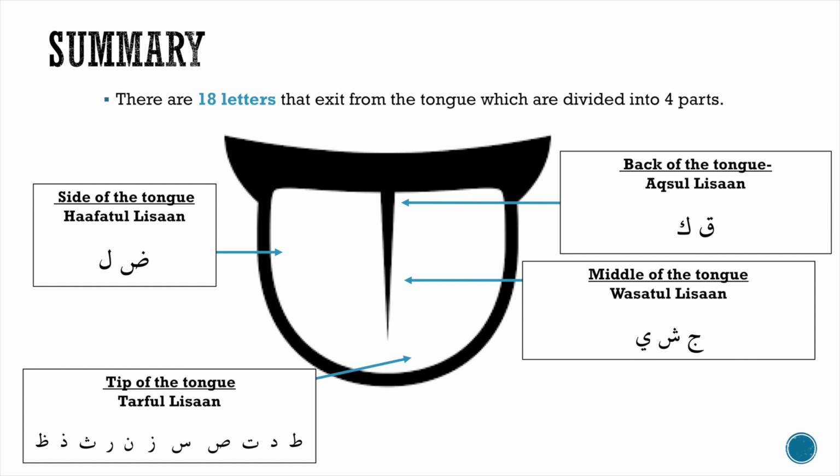From the side of the tongue, from Hafat al-Lisan, comes the 2 letters, Dad and Lam. And in this lesson, we covered the tip of the tongue, which is Tarf al-Lisan, and 11 letters exit from this part. The letter Ta, Dal, Ta, Sod, Sin, Za, Noon, Ra, Tha, Dhal and Dha.